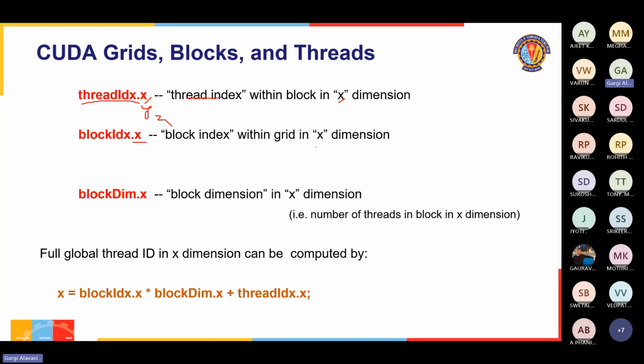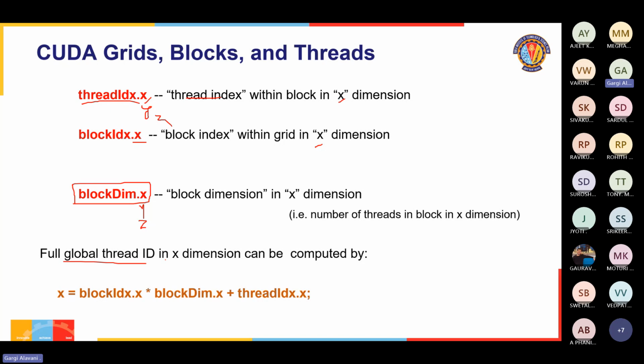In this case, it is in the X dimension; again, Y or Z is possible. blockDim gives you the dimension of your block. It again can be in X, Y, and Z dimension. These three things help you calculate the global thread index for your thread.